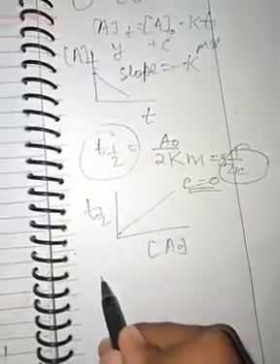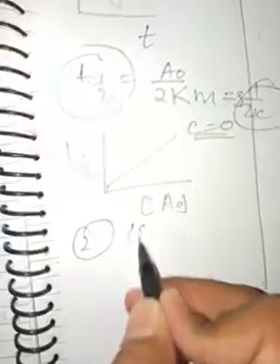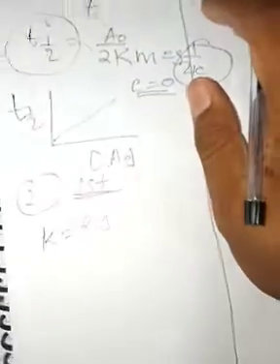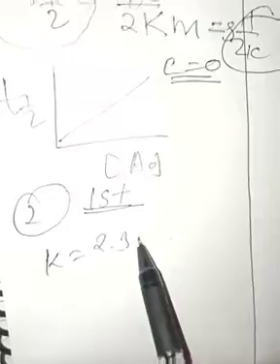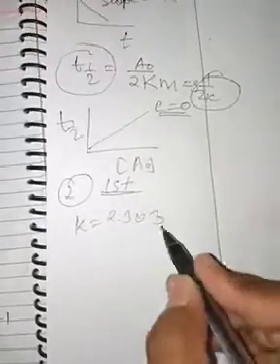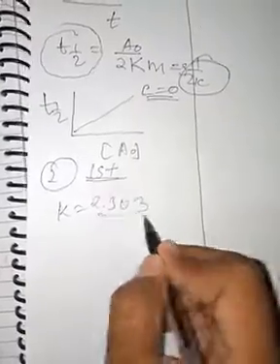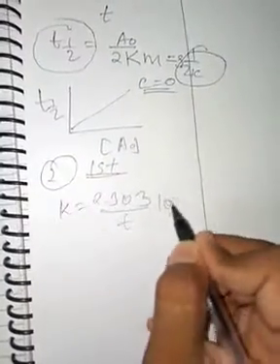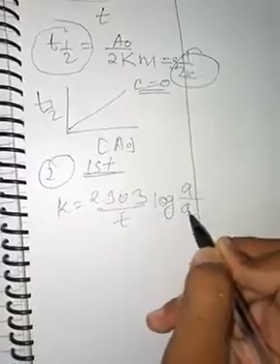Now I am coming to the second, that is first order reaction. In first order reaction, first of all we have the equation, k equal to 2.303 by t log a upon a minus x.